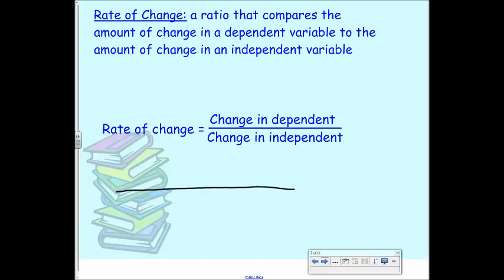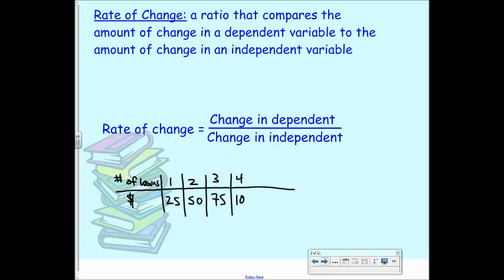So you'd say number of lawns and then amount of money that he made. If he mows one lawn and gets $25, if he mows 2 lawns, how much would he get? 50. If he mows 3 lawns, how much would he get? And so on and so forth, right? So this would be 4, this would be 100.